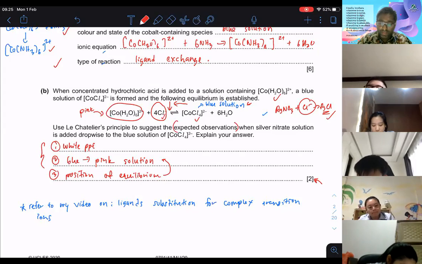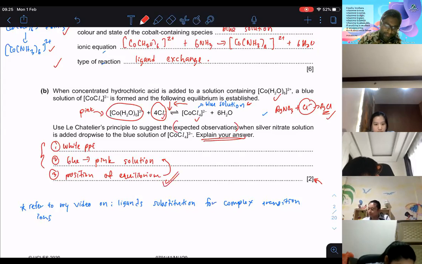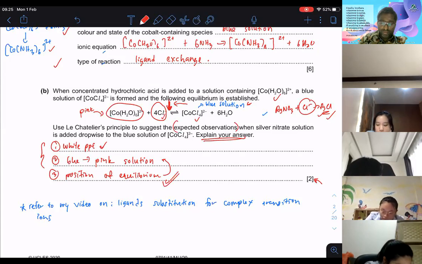So any two, but you need to explain. When it comes to explaining, you still need to mention the position of the equilibrium. Because the white precipitate is formed, you are going to reduce the chloride ion concentration, and then the position will move to the left. So you don't have any choice. So you still need to actually write it down.